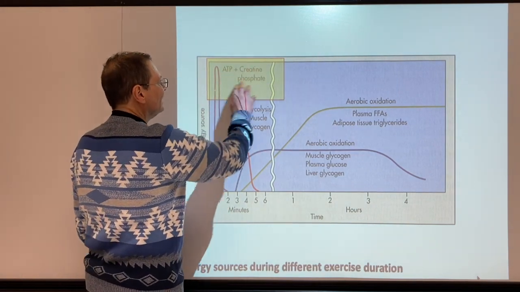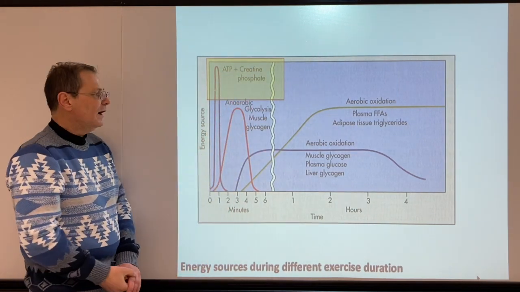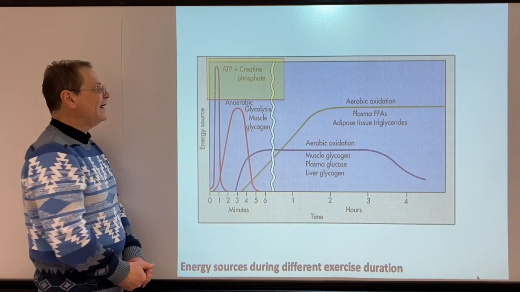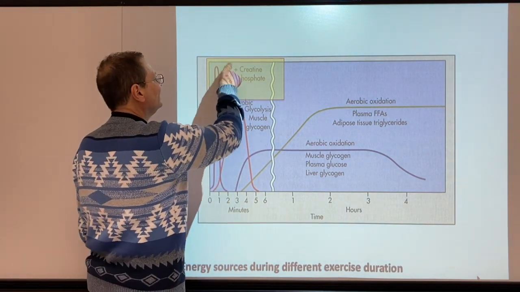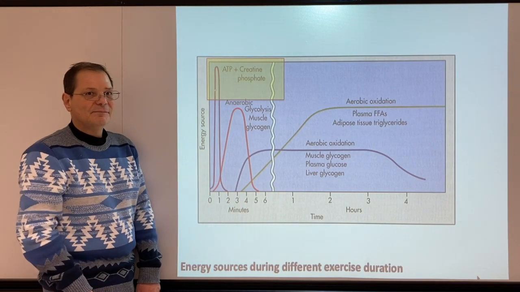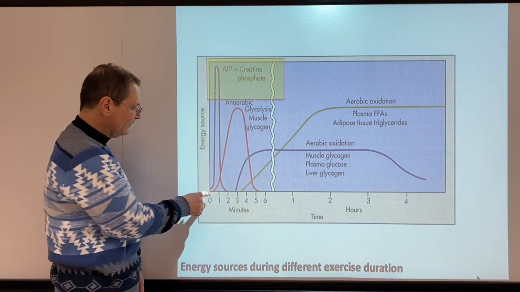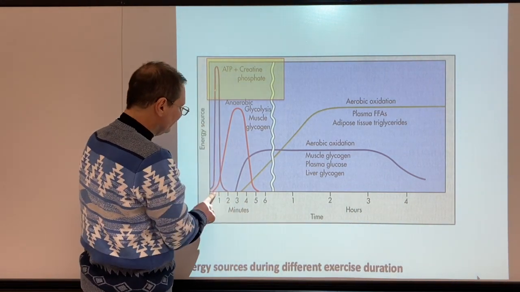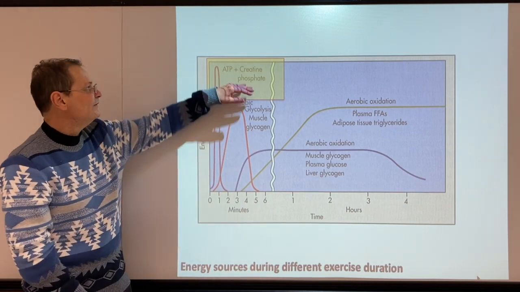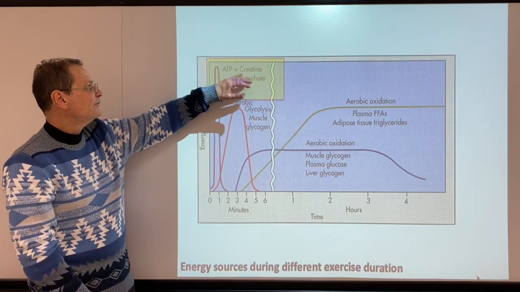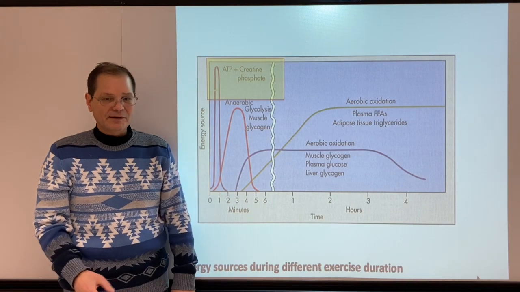This is a readily utilizable substrate. It doesn't last very long. You run out of it very quickly, but it can be quickly converted to ATP. So the first minute or two, you can sustain exercise mostly through the use of this creatine phosphate and the ATP that you already have.